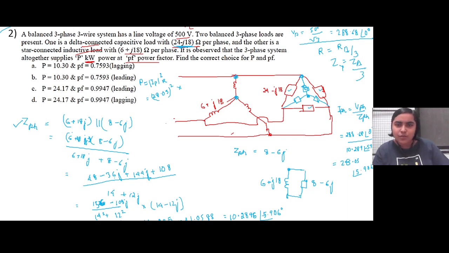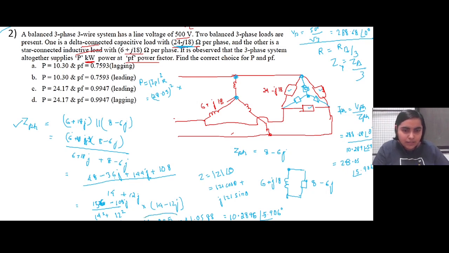But instead of calculating it again, see the Z phase here. This is the magnitude, so if Z is given as the magnitude times the angle, it will be mod Z cos theta plus j mod Z sin theta.